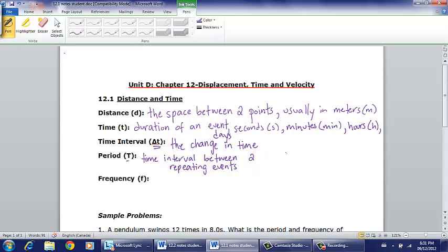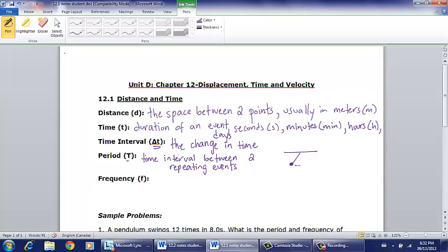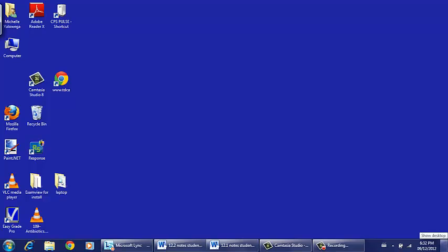If I was going to draw that, it's going to have to be attached to something, and then this is a string coming down with whatever the mass is on the end. If you held this out there and you released it, it would swing across until it reached some point over here. The time that it took to go there and back would be one cycle, so it would be one period.